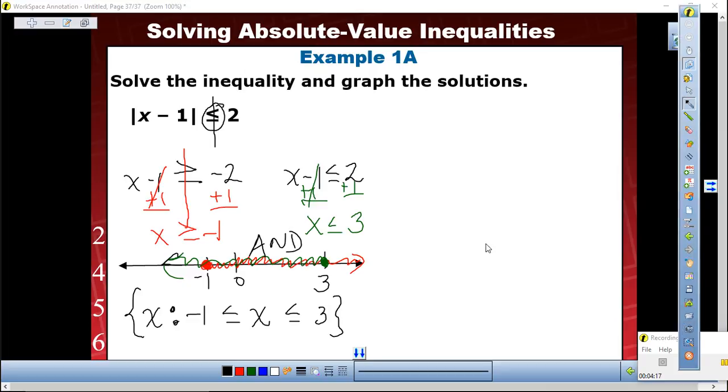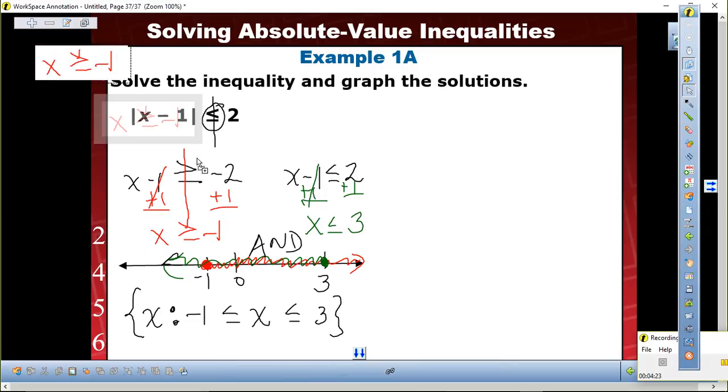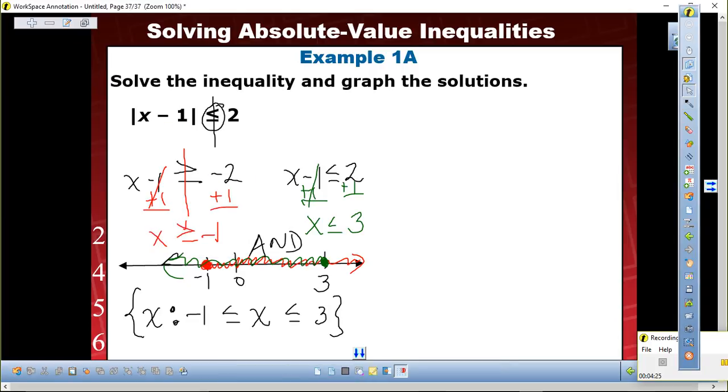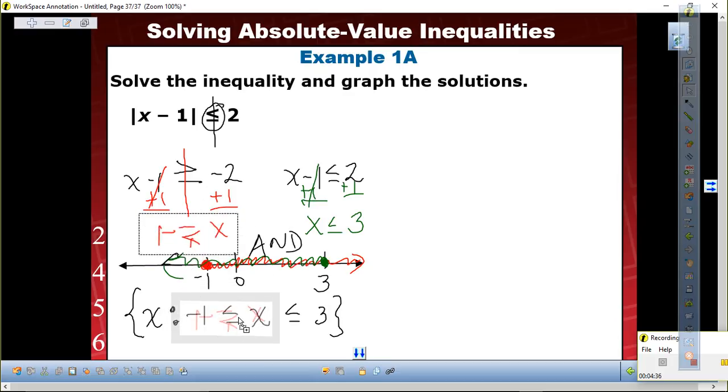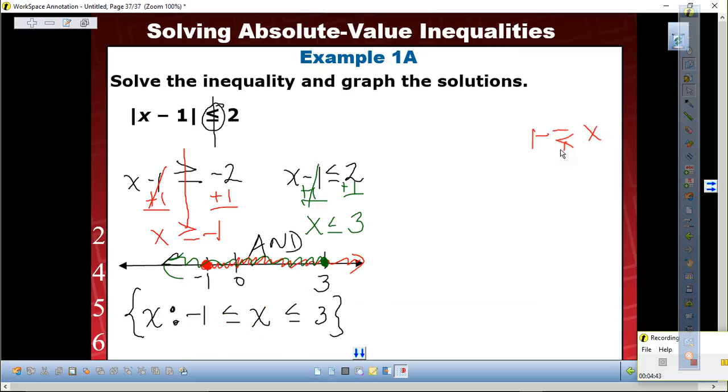Look up, please. Let me show you why it goes like that. So watch. If I was to take this and this one and merge them together to become this one, in order to bring the x to the middle, what happened to the inequality symbol? Able to see it? All right. Copy that, please.